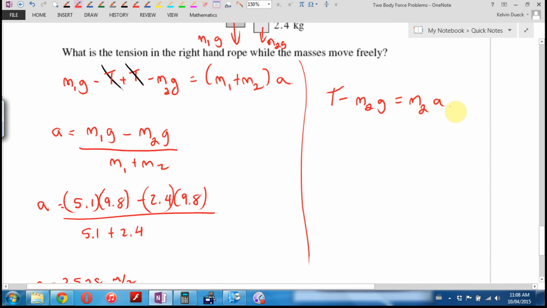Why didn't you include mass 1 on the other? Well, I'm only writing an equation for one mass now. That was my decision. Tension is going to be M2A plus M2G.